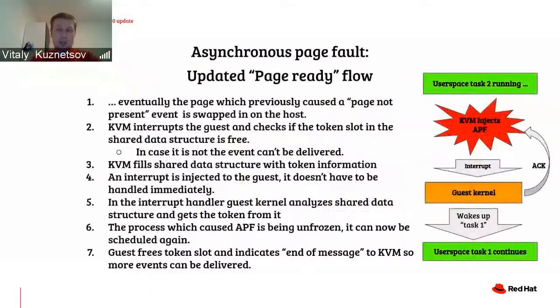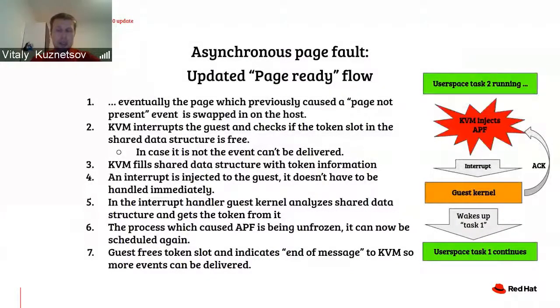So about using an interrupt for delivering asynchronous page fault page ready events. How does it work now? So again, the task was previously frozen because it tried to access some memory which is not available on the host, and this memory becomes available. So instead of injecting a page fault exception, KVM now injects an interrupt, a normal APIC interrupt, to the guest.